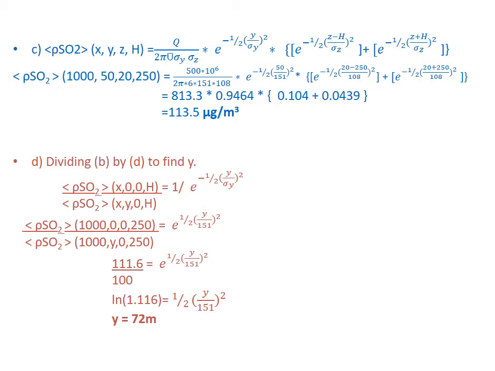We have the values of Q as 500 into 10 raised to 6, u bar as 6, sigma y 151, sigma z as 108, capital H as 250, and z as 20. Substituting these values in the equation, we get the concentration of SO2 at this point as 113.5 microgram per meter cube.